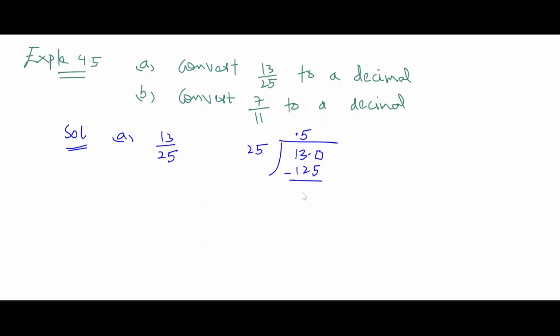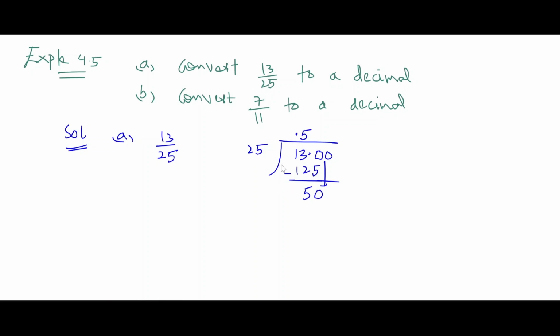Do the subtraction. 5 will come here, and 25 will not divide 5, so there should be a 0, and the 0 will come down. Now there's a point, so it will not affect the 13, and it becomes 50.